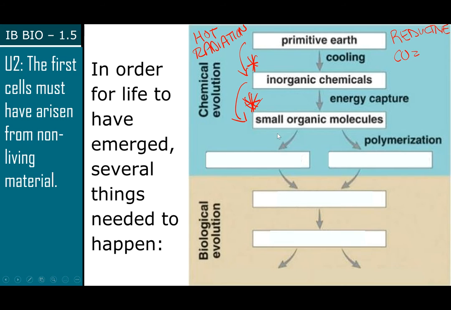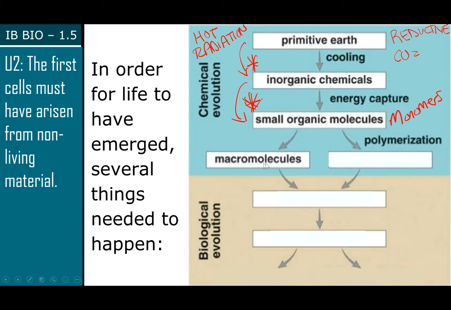Now, these small organic molecules have to get bigger, right? These are basically our monomers right here. And then they undergo the process of polymerization. Now, we're not talking like Yu-Gi-Oh! Polymerization, although it's a great card. We're talking about going from our monomers to polymers, right?